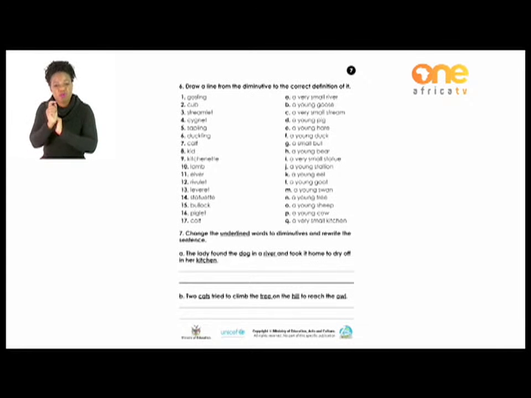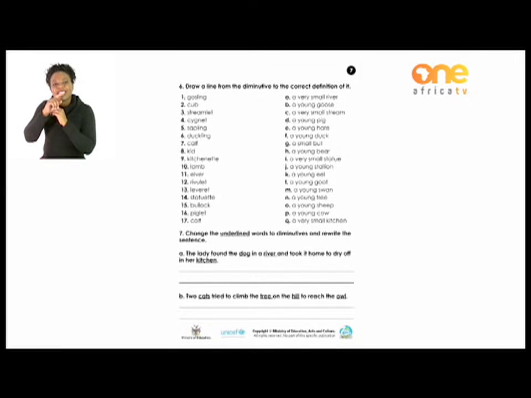So if we are to rewrite that, the sentence would read as follows. The lady found the puppy in a rivulet and took it home to dry off in her kitchenette. So we can move on to B and do the rest.